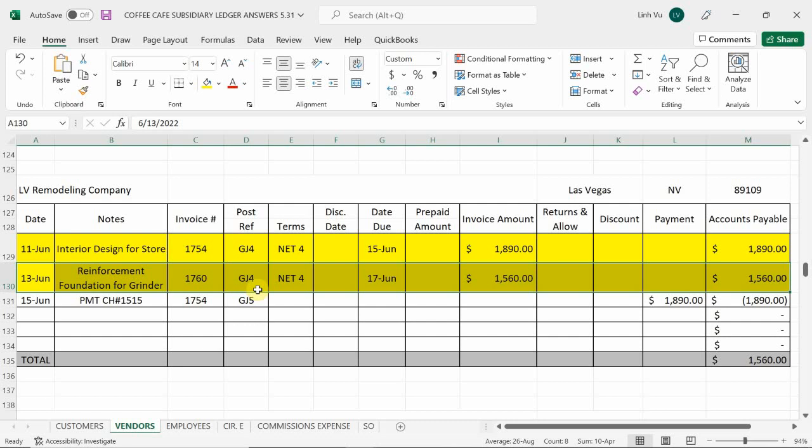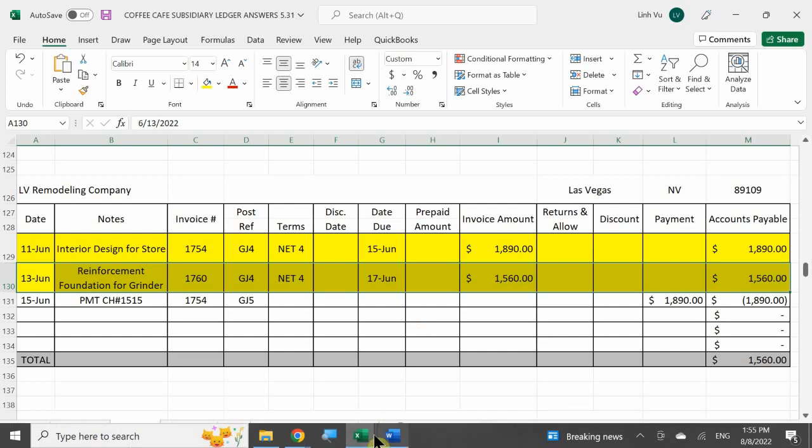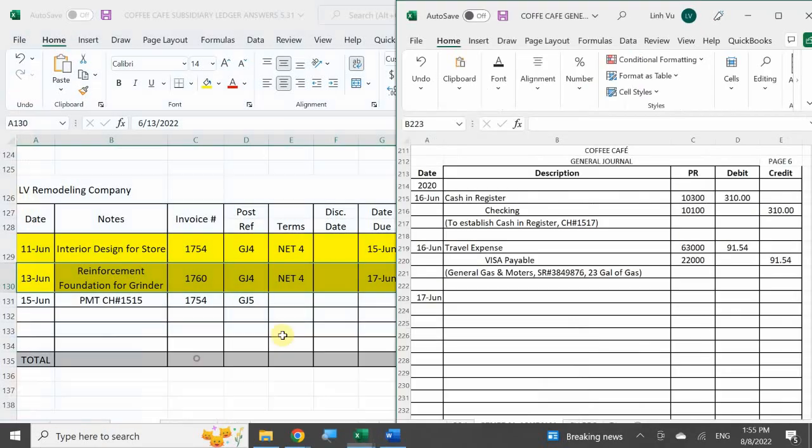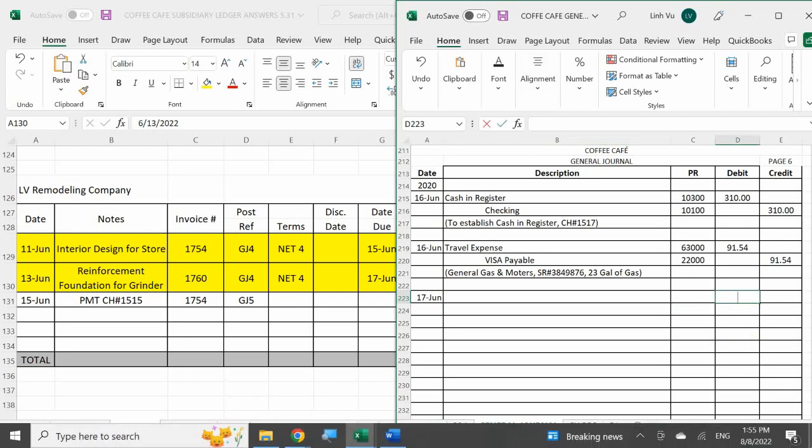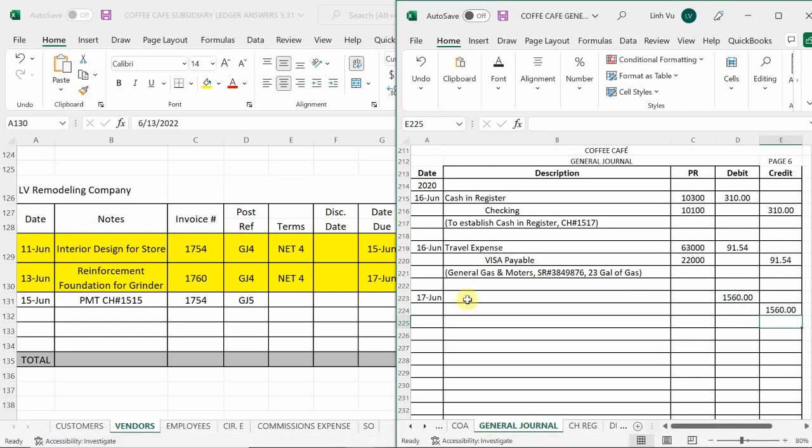Right. Then you would go back to your general ledger journal. Okay, we're going to be debiting accounts payable. Good, because in this case, we've recorded the bill since the 13th, and we said that we owed the money. Now that I'm going to make a payment today, I need to decrease what I owe.